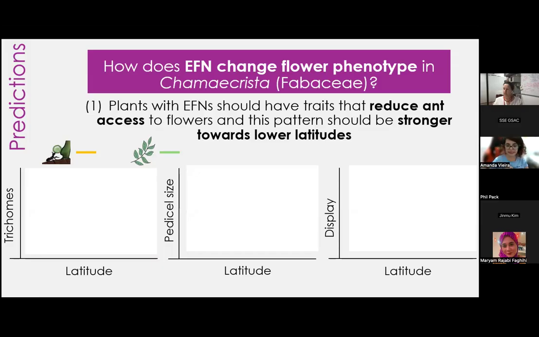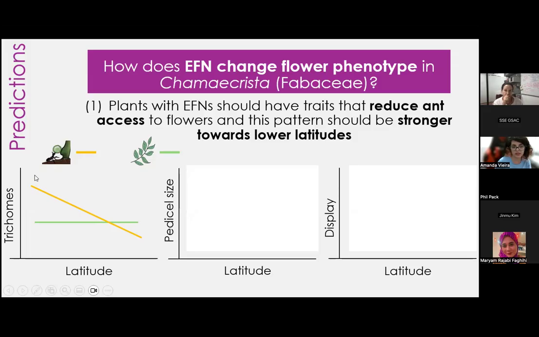So we predict that for trichomes there might not be an effect in plants without extrafloral nectaries, but this effect should be stronger for plants with extrafloral nectaries, especially in lower latitudes.